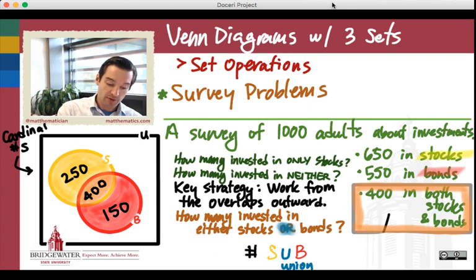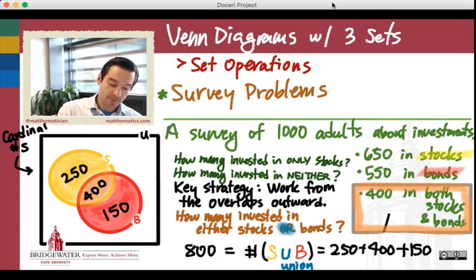So the cardinal number of this union is going to be 250 plus 400 plus 150. Add those up. 250 plus 150 is 400, plus 400 is 800. So in our Venn diagram, there's 800 people accounted for inside of these circles.